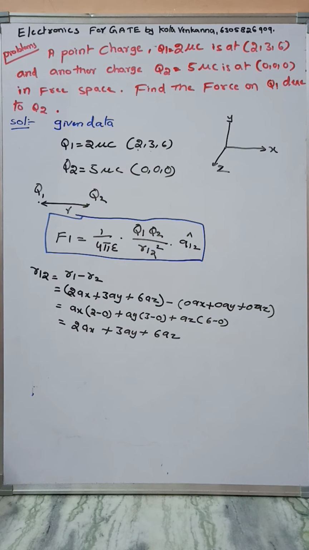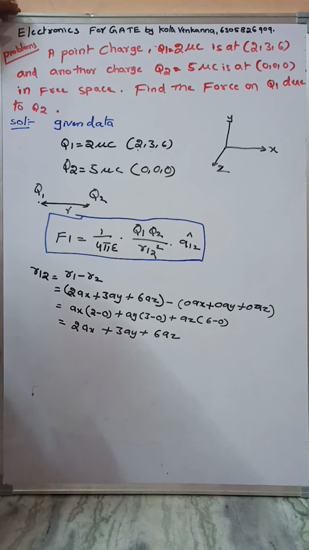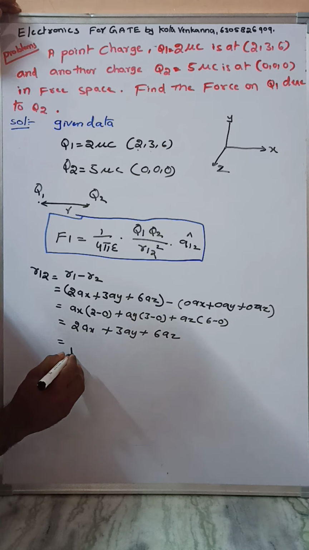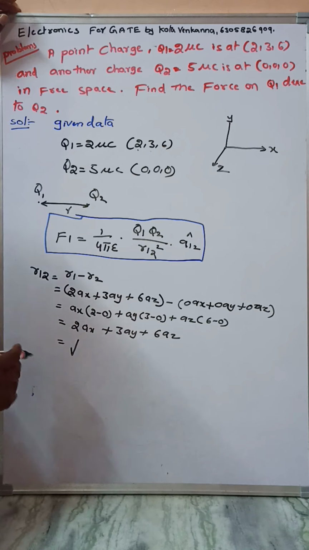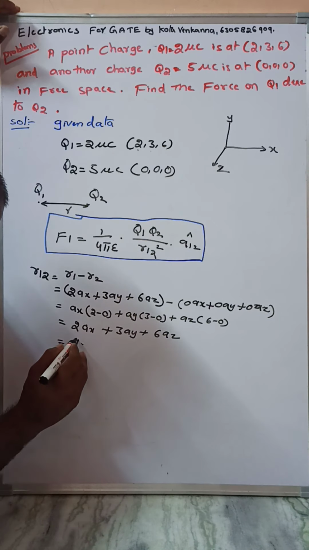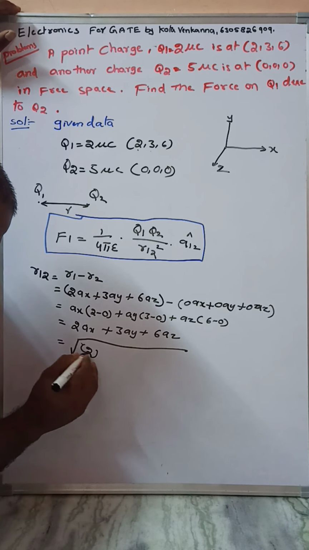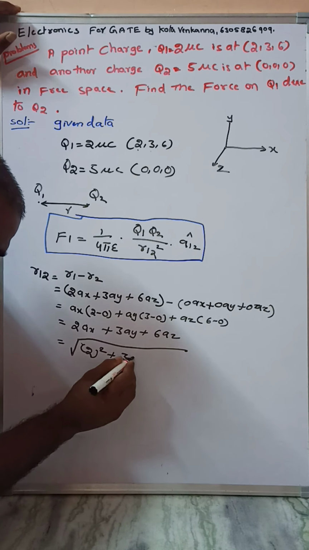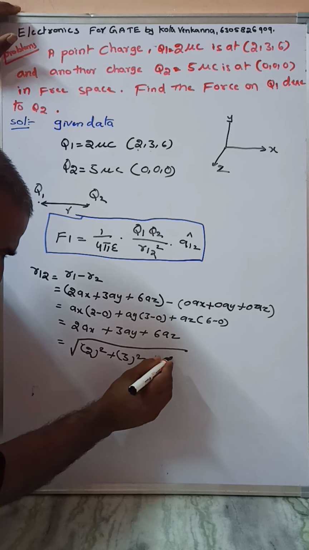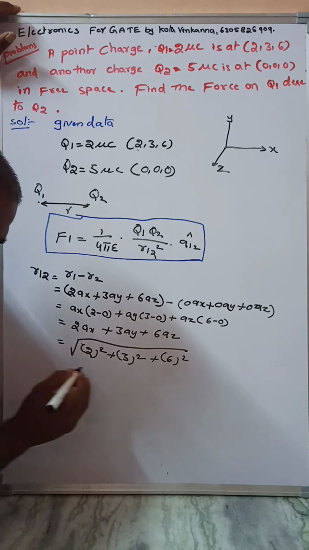The module of this value is the square root of 2 square plus 3 square plus 6 square.